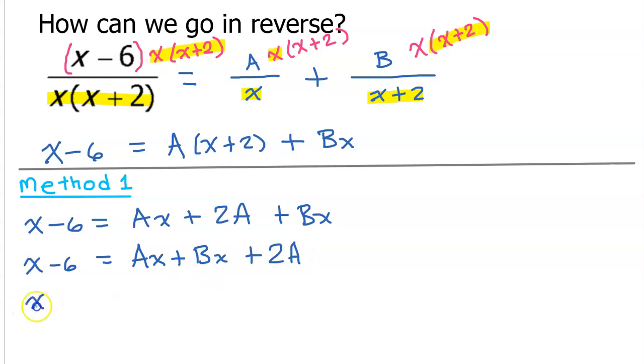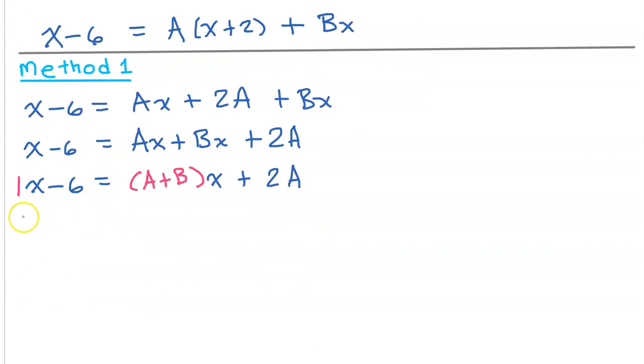But then on the next line we will have x minus 6 equals, and I'm just going to factor out the x, and that's going to leave behind a plus b times x plus 2a. Next, we can make a little system of equations by setting the coefficients equal to each other.